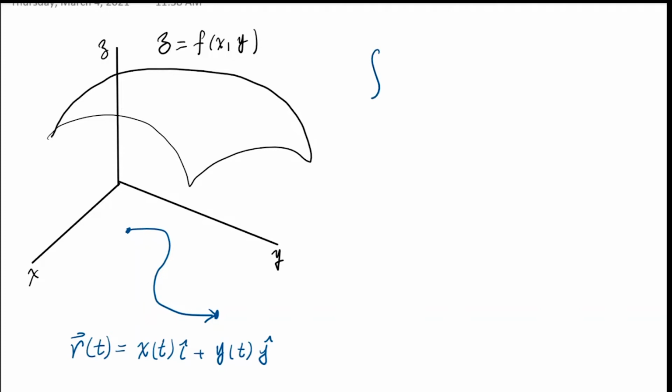This is known as a line integral on the curve C, and C is described by this vector function. So this is curve C. And this is where t is equal to a, and this is t is equal to b, from a to b.